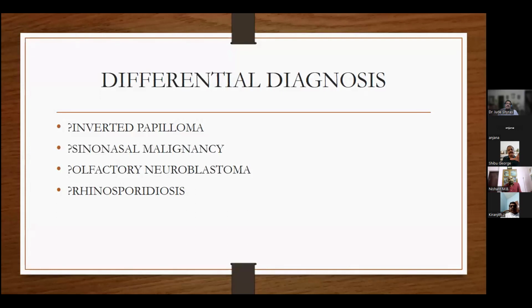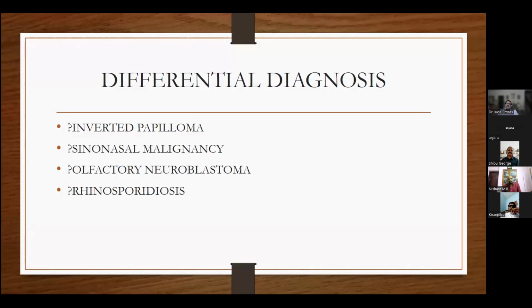So what is the specific thing you should think about when you take a biopsy? Biopsy has to be taken from multiple sites. Exactly. If you don't take multiple biopsies, you'll always miss a synchronous malignancy, because malignancy can occur anywhere in the inverted papilloma. Even when the biopsy is negative, you have to think about a malignancy lurking somewhere.